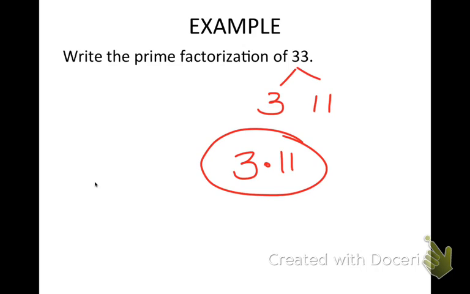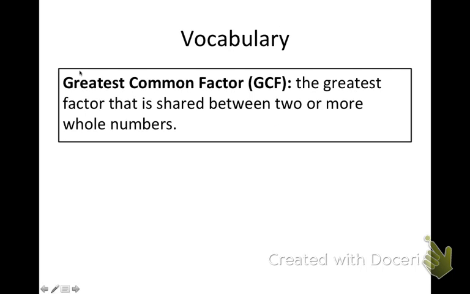All right, now let's talk about GCF, the greatest common factor. I'll probably say GCF very often. So when you hear me say GCF, that's what I'm talking about, finding the greatest common factor.